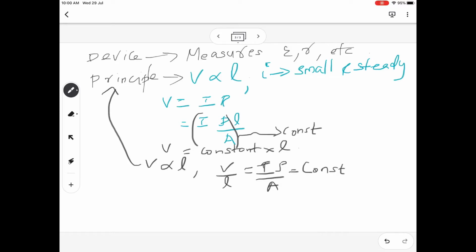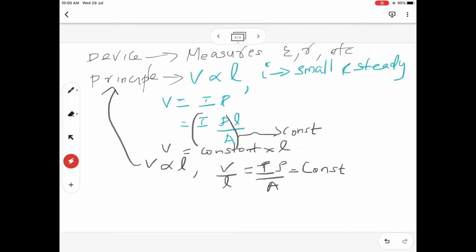And now current also you have to keep constant or steady, so that I rho by A remains constant to make V by L a constant, so that we can always write V proportional to L. So for a steady current only V is found proportional to L.